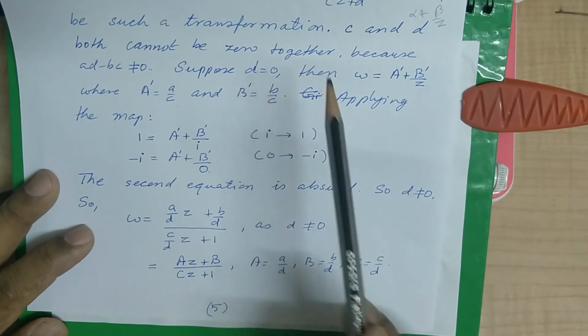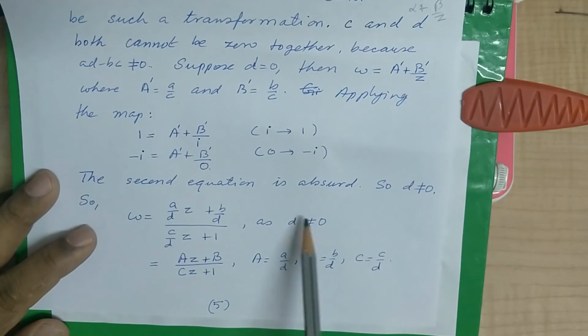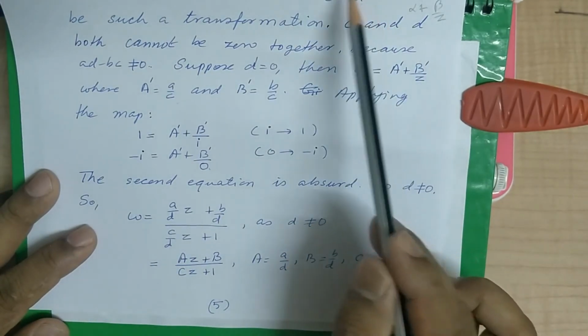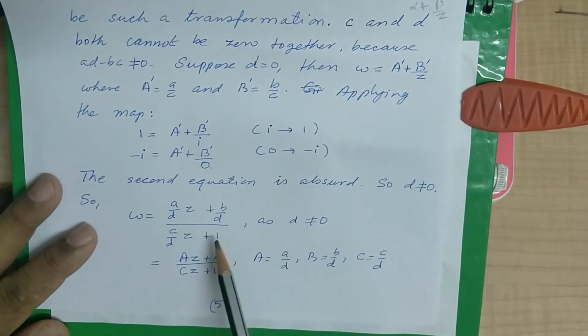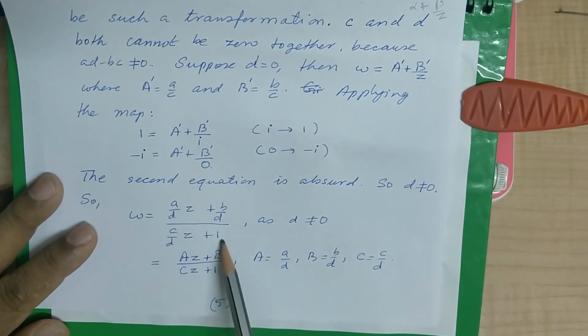Therefore d should not be equal to 0. If d is not equal to 0, I go back to this equation and divide the numerator and denominator by d. So what I get is a upon d z plus b upon d, and similarly in the denominator, c upon d z plus 1. And I rename these constants as a, b, c.